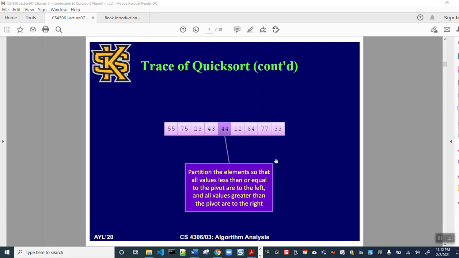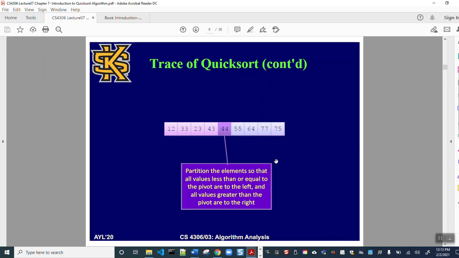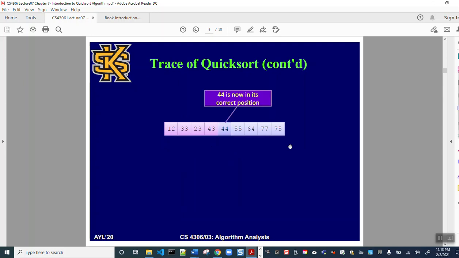Then we need to consider the pivot element so that all elements in the left subarray are less than the pivot element, and all elements on the right side are greater than the pivot element. Ultimately we will get a sorted list, because the quicksort algorithm is applied on the left subarray and right subarray recursively until it gets fully sorted.